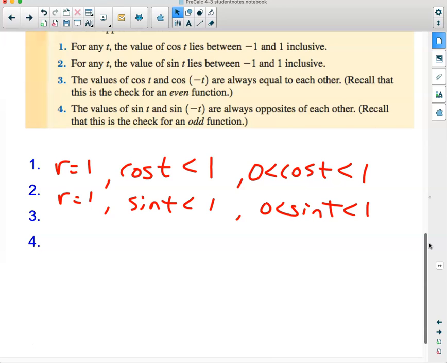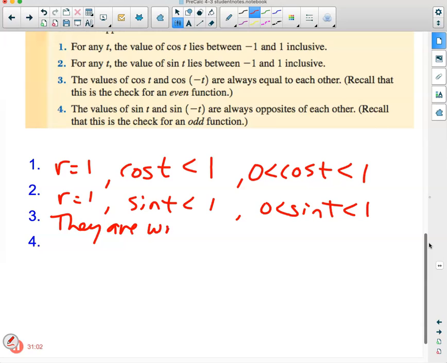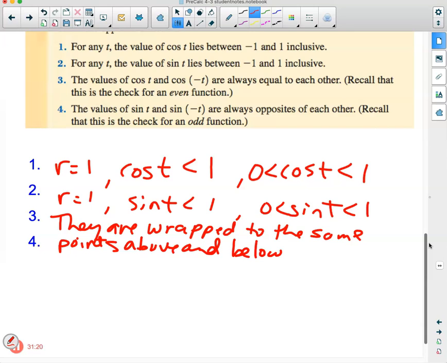Well, we've written it several different ways, but the best one is going to be they are wrapped to the same points above and below the x-axis. Like I said, it's actually easier to see from the graph than when you look at the unit circle.